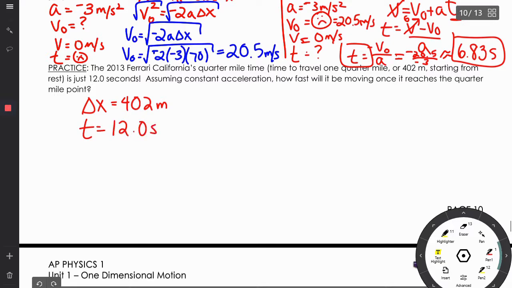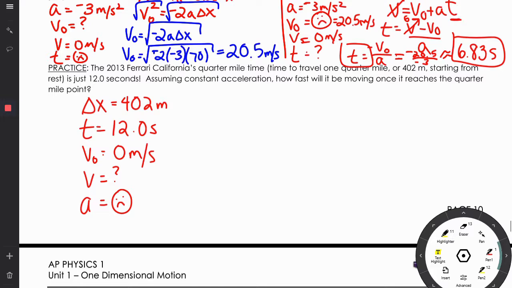We're given the initial velocity, which it tells us is from rest. And we're asked to find how fast it's moving at the end. The one that we're not asked to find is the acceleration. We're not given it, we're not asked to find it. And if you remember the last equation, that's the equation we're going to use here.